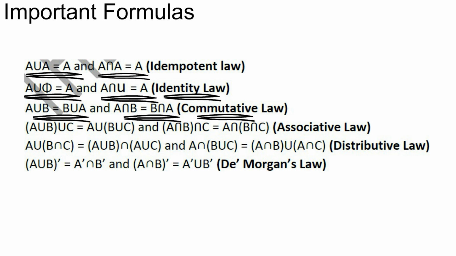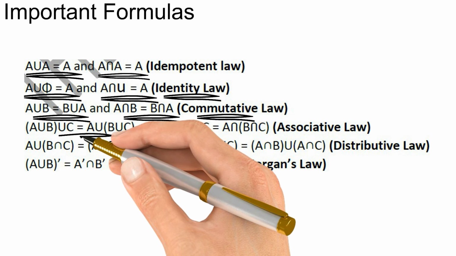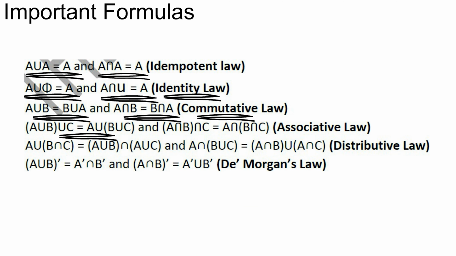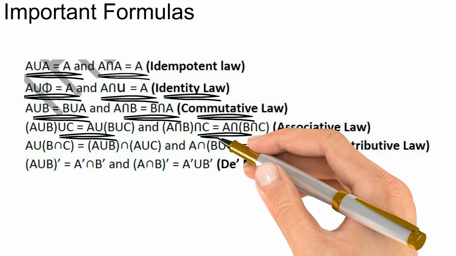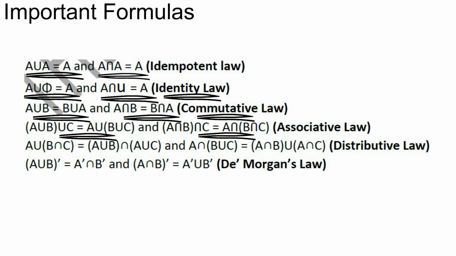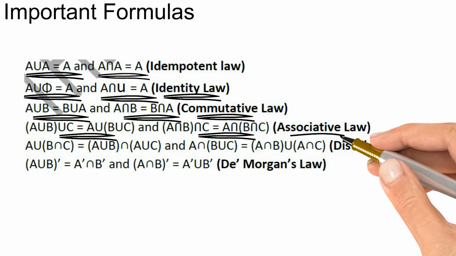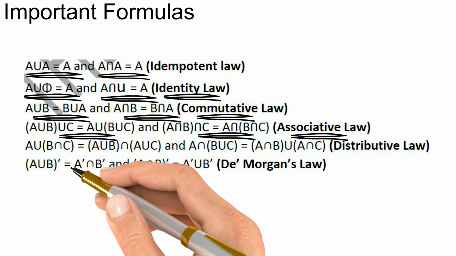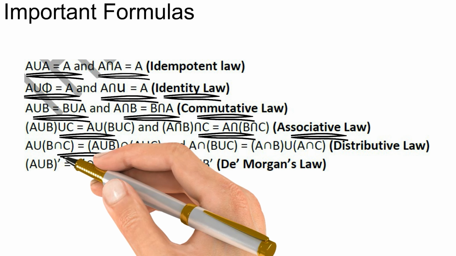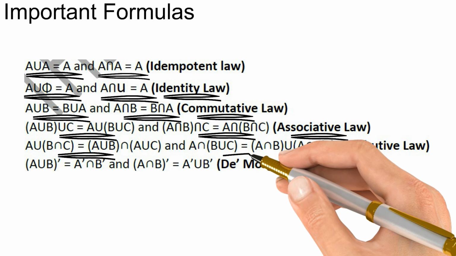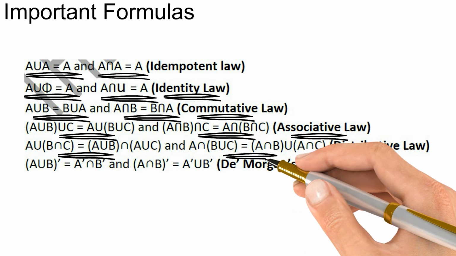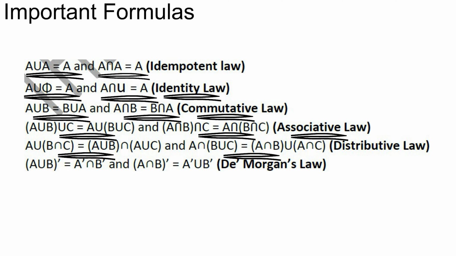Next is A union (B union C) equals (A union B) union C and A intersection (B intersection C) equals (A intersection B) intersection C. This is known as the associative law. Next comes A union (B intersection C) equals (A union B) intersection (A union C) and A intersection (B union C) equals (A intersection B) union (A intersection C).